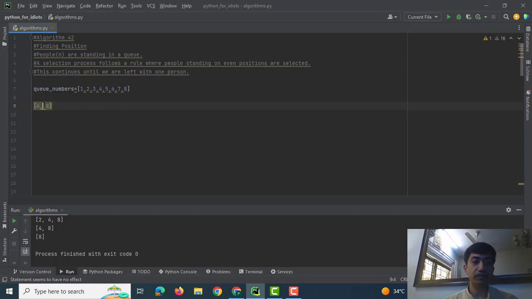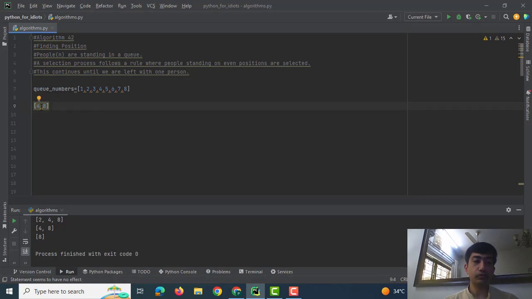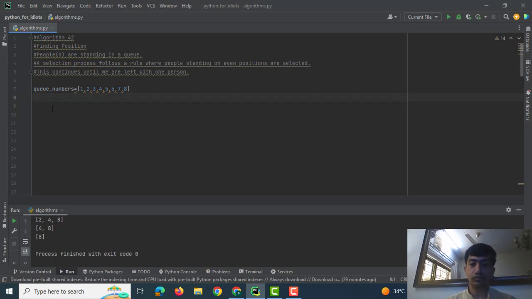We would remove 6, and then we would have remaining 4 and 8. Now 4 is at first position and 8 is at second position, so we would remove 4 and the answer would be 8. Okay, so now that I've explained to you how the pseudocode would work, let's continue to make this algorithm.